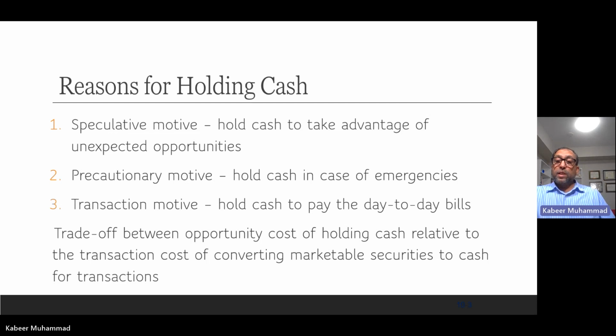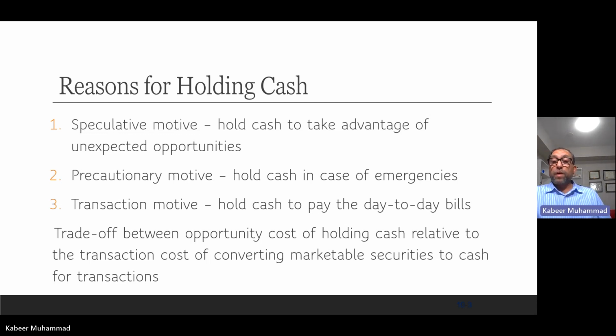Now, why is it important to make a good decision on how much money you want to hold? Because it's a trade-off. Why don't businesses keep all the money in cash? Because it's a trade-off between the idle opportunity cost of holding cash and the transaction cost of converting marketable securities to cash.